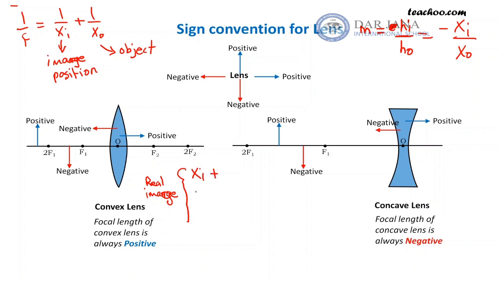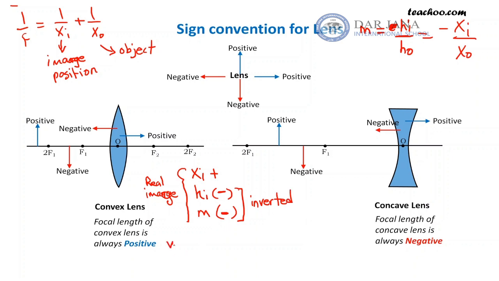Every real image is inverted, so hi is negative. Since it is inverted, the magnification should also be negative. So negative means magnification, and height negative means that it is also inverted.